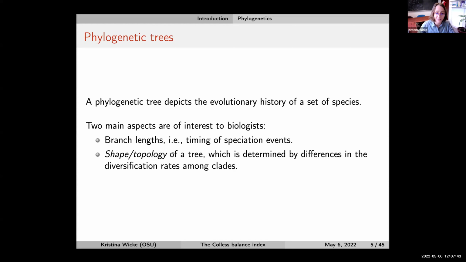The second aspect that's of interest, and that's what I'm focusing on today, is to understand or analyze the shape or topology of a tree, which biologically is determined by differences in the diversification rates among clades or among groups of organisms. In order to understand or summarize the shape or topology of a tree, one popular measure is to quantify the so-called balance or symmetry of a phylogenetic tree.